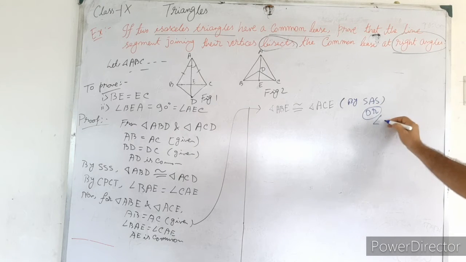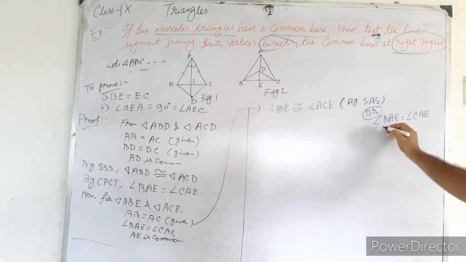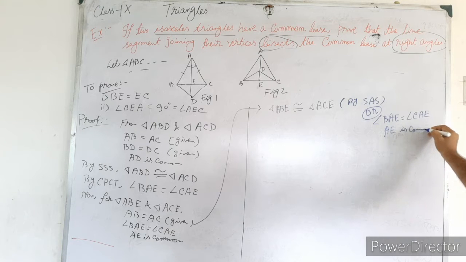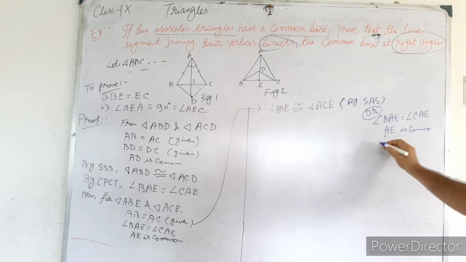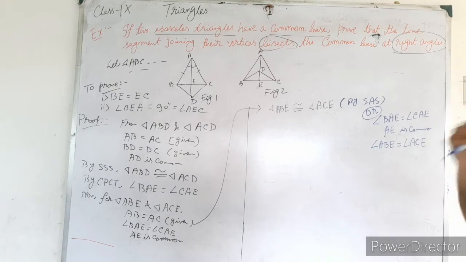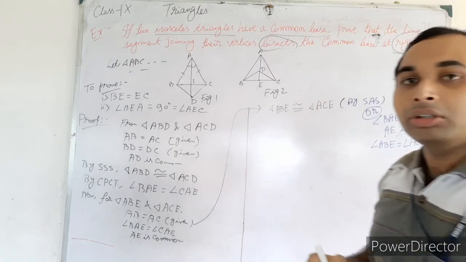That is, angle BAE is equal to angle CAE, and AE is common, and angle ABE is equal to angle ACE, because this is an isosceles triangle, so obviously those two angles will also be equal.